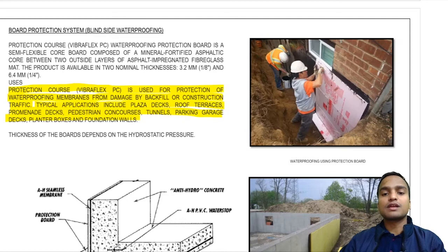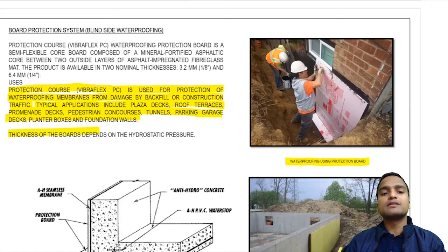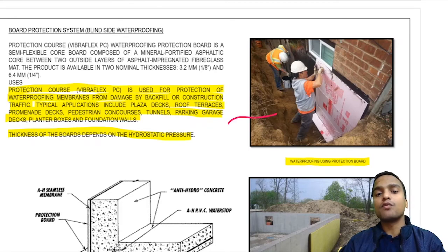So here you can see the waterproofing is done by using the protection board, and the thickness of the boards depends on the hydrostatic pressure, and you can see it is being done on the external walls. Here this is the protection board, okay, and this is in contact with the subsoil. This will resist the hydrostatic pressure.